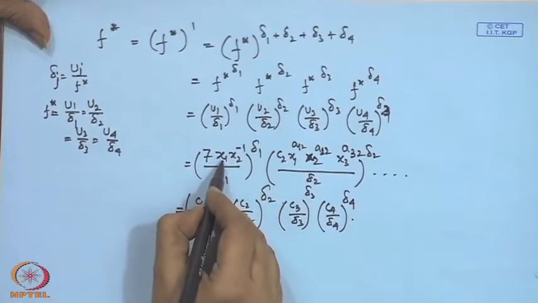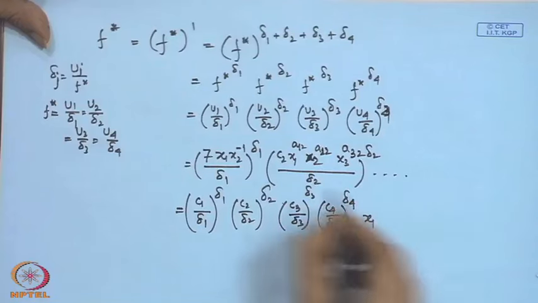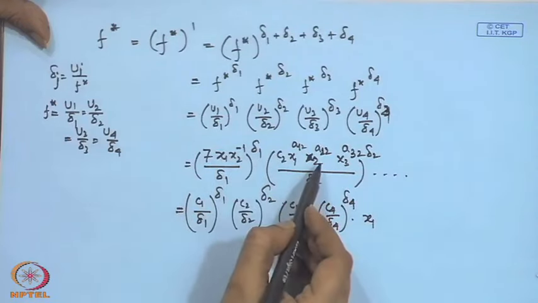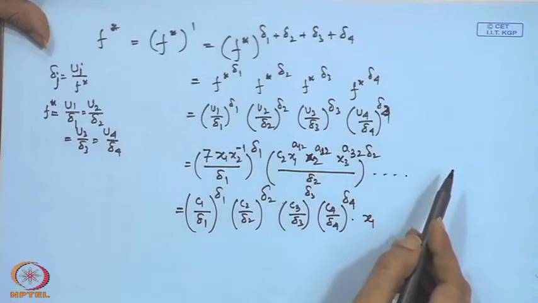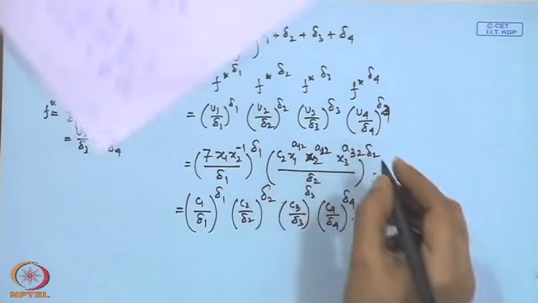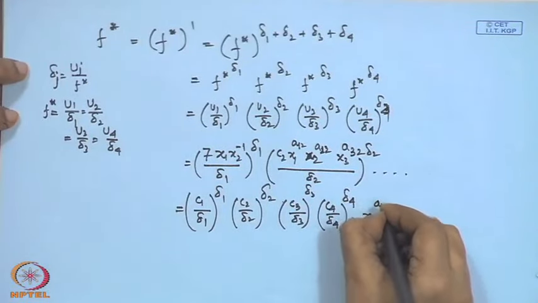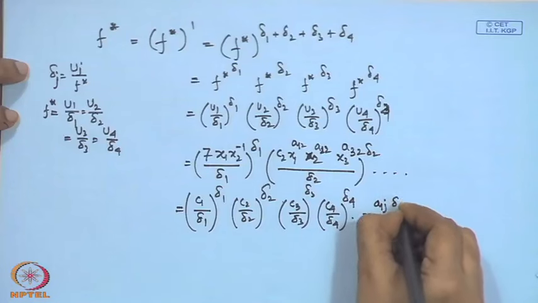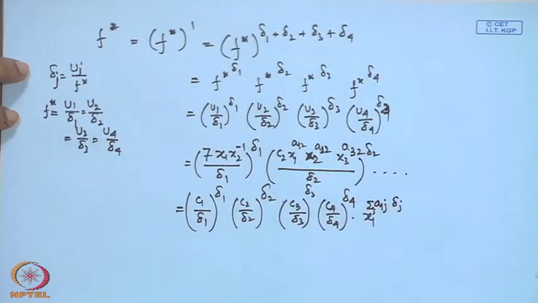As we see from here, x1 is equal to a11 into delta 1 plus a12 into delta 2 plus a13 into delta 3. In this way, if we just proceed, we are getting that x1 is equal to summation over j of a1j delta j, alright.